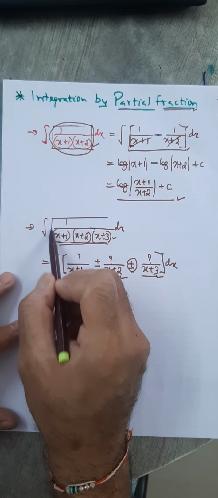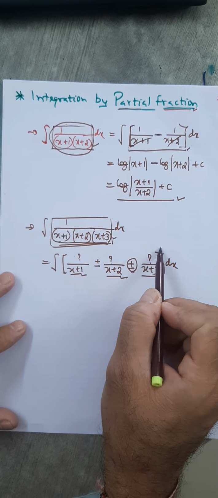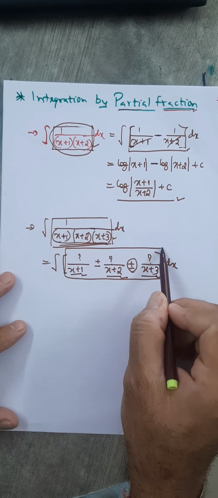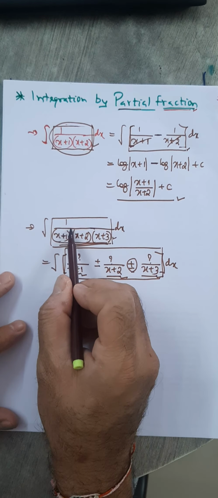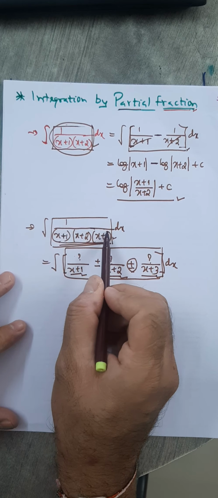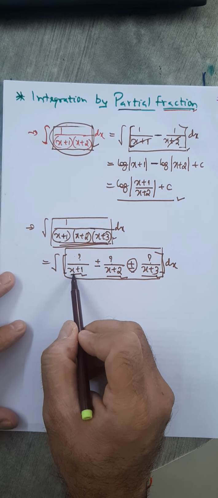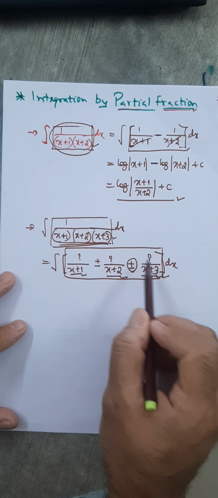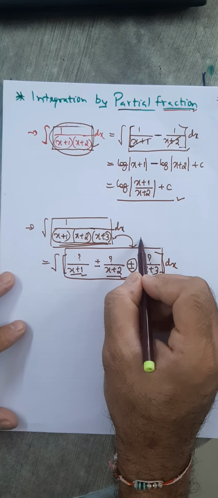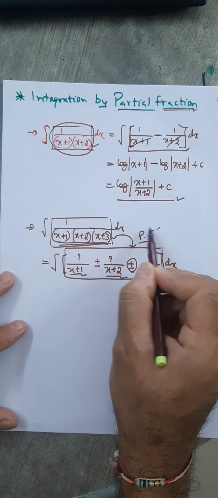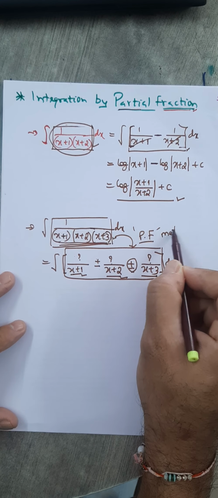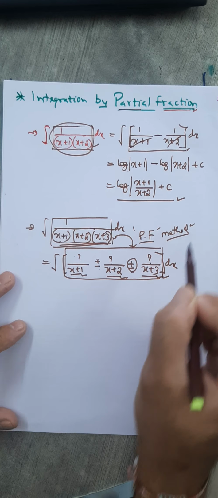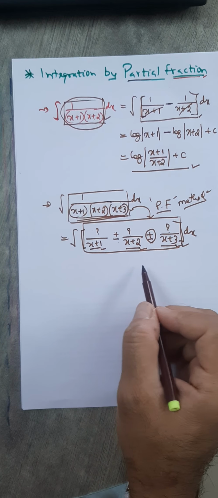So from this to this is known as the partial fraction method. Every product of linear factors or quadratic can be expressed as a sum or a difference. This is the PF method, partial fraction method for integration, right?